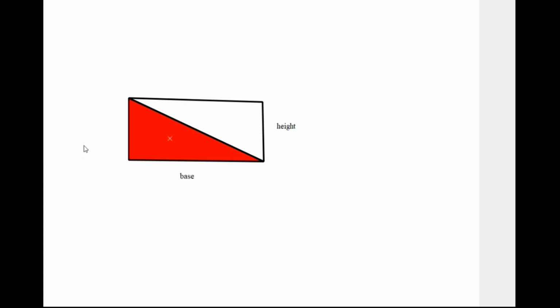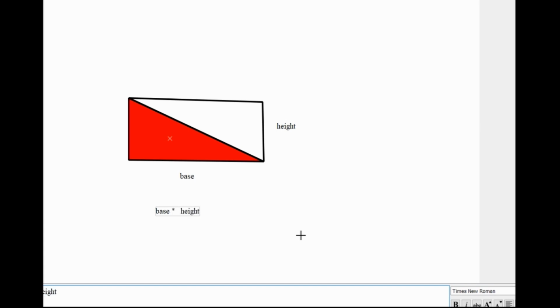Area of the rectangle, the whole thing, is base times height. That's the area of the whole of the rectangle, base times the height.